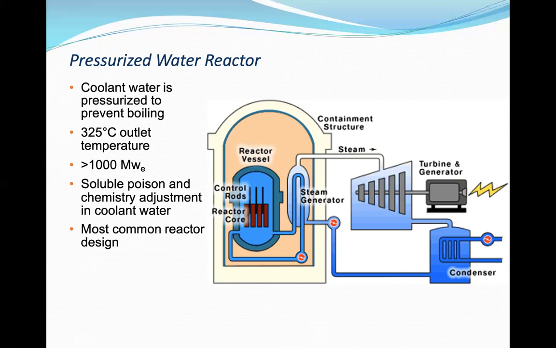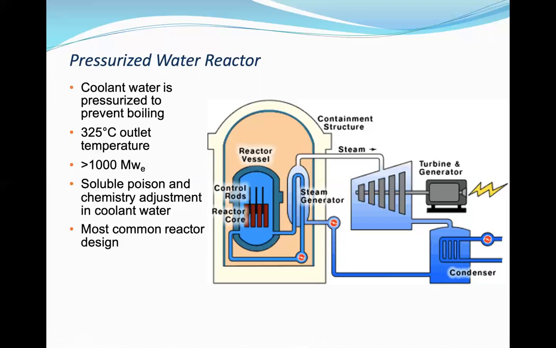The first is the primary circuit, which passes through the fuel core and is radioactive. This primary circuit produces steam and sends it to the secondary circuit, which consists of a heat exchanger. As such, the steam in the turbine is not radioactive and need not be shielded.